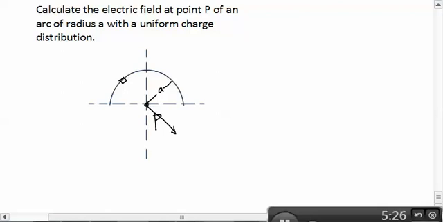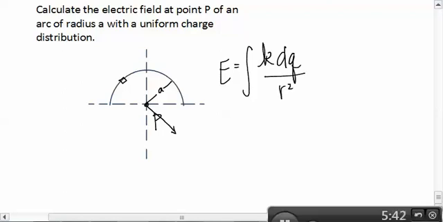It'll be straight down. Okay, so if we're going to find this electric field due to a charge distribution, we need to sum up the electric field contributions of each one of our little dQs at their specific distances with a certain direction.